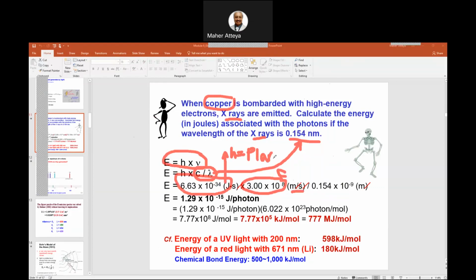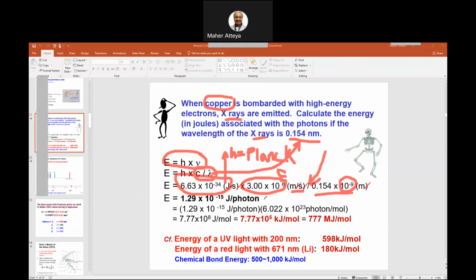The Planck constant has the value 6.63·10⁻³⁴ joule-seconds. Then you divide the whole thing by the wavelength. Nano is 10⁻⁹, so you take the n out and replace it with the value, 10⁻⁹ meter.